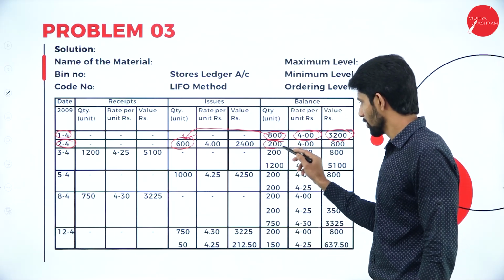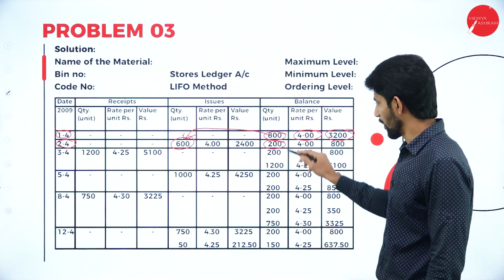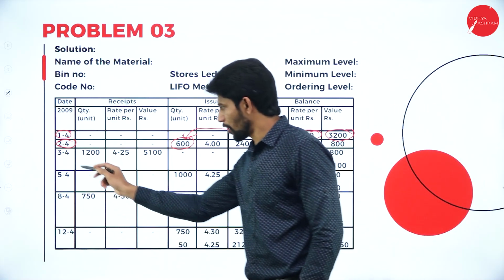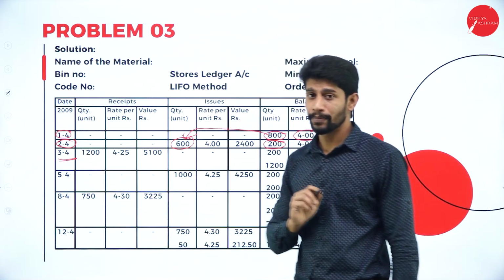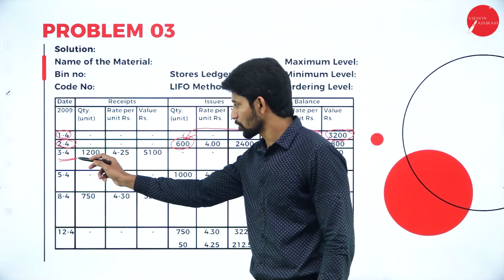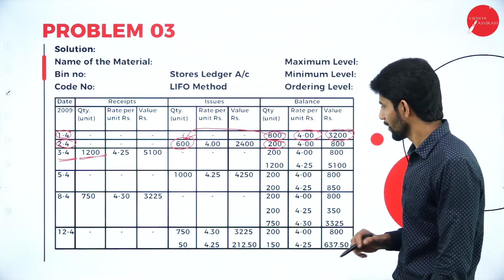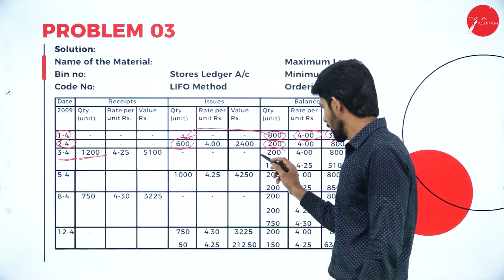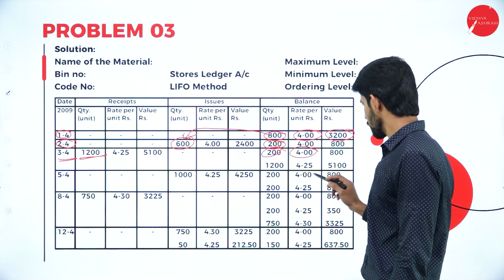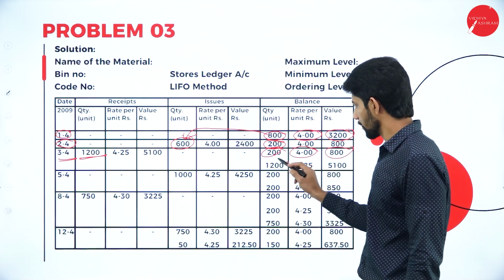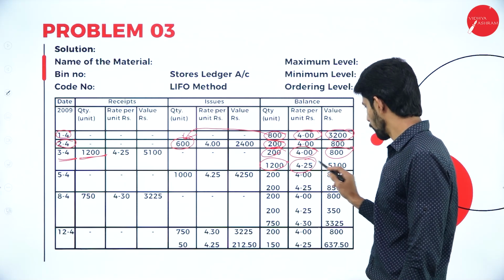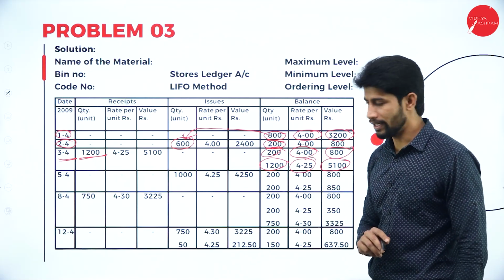What is the balance? 200, right? So write down this 200 balance. Next, on 3rd April they purchased 1200 units at 4.25. So first here you write 200 units, 4 rupees per unit and 800, and 1200, 4.25 and 5100.